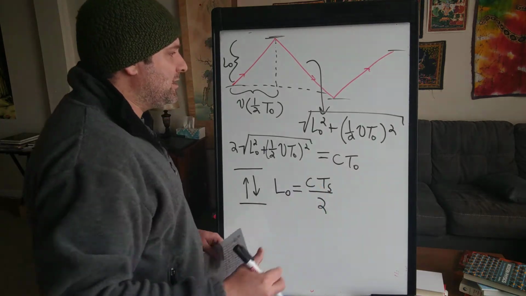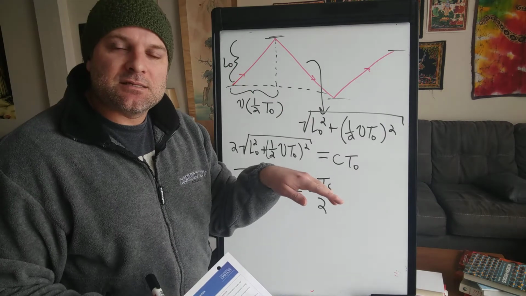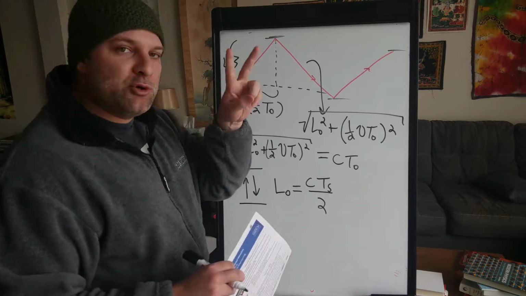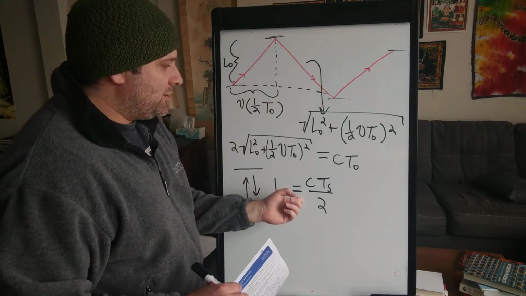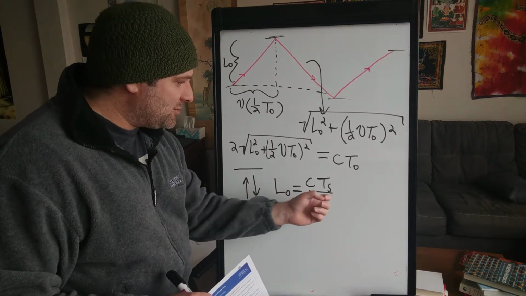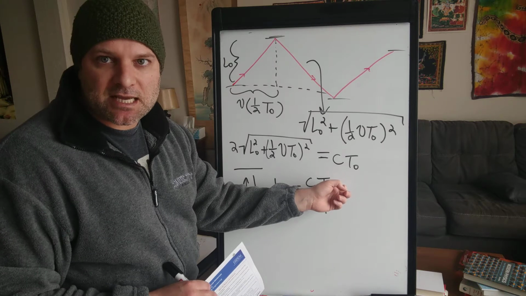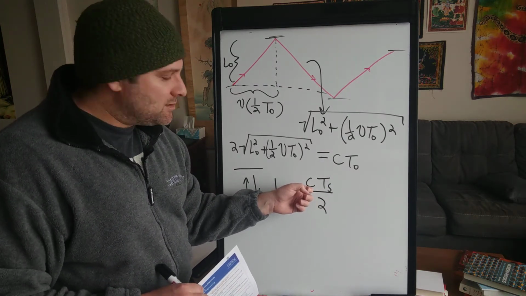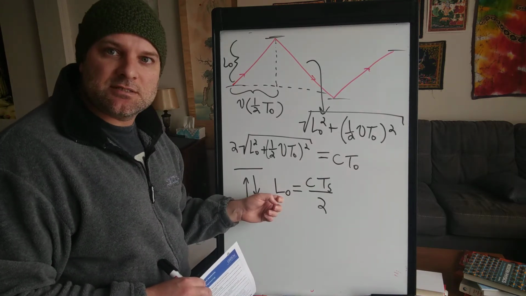This TS means the number of ticks that the stationary observer on the Earth sees the moving light clock undergo. So from the perspective of the person on the ship, their light clock is ticking normally, right, at that same rate TS that we observe, times c divided by 2 gives us this L0.